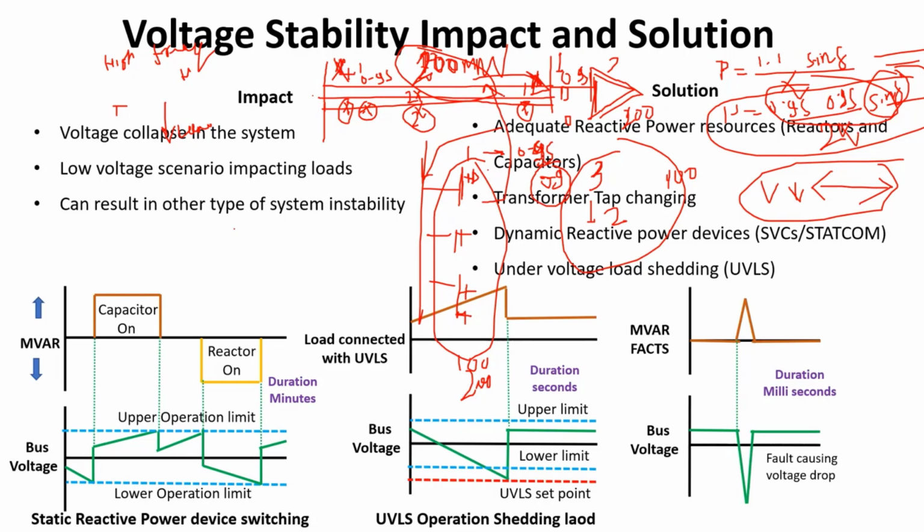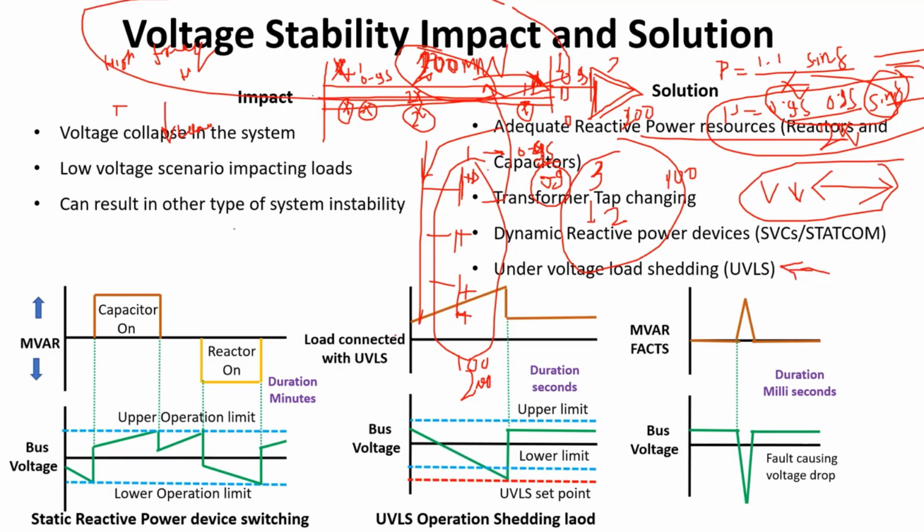So you have to curtail the loads so that the voltage can be maintained within the operational limit. So this is kind of an emergency thing. UVLS is something you generally do not plan; you use it only when the actual planning has not come into place for maintaining the stability. So this is what UVLS means, under voltage load shedding relays.